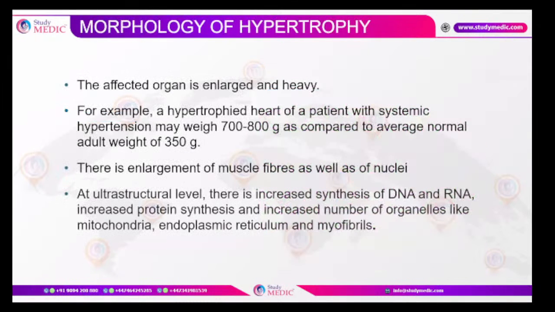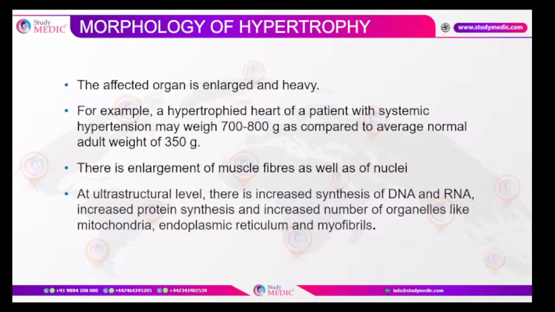The affected organ becomes bulky, enlarged and heavy. Normally, an average heart weighs around 350 grams. But because of systemic hypertension, a hypertrophied heart can weigh up to 700 to 800 grams. Not only are the muscle fibers increased in size, but certain nuclear changes also occur.